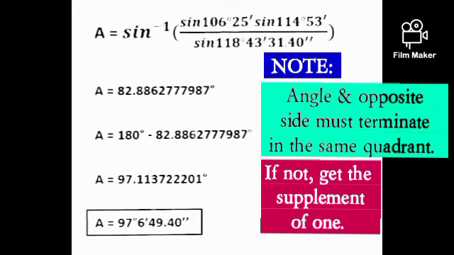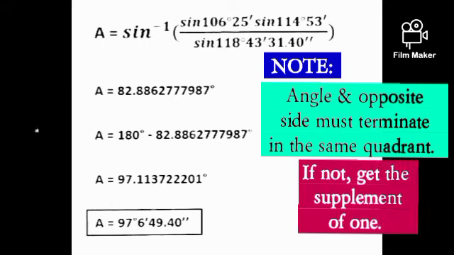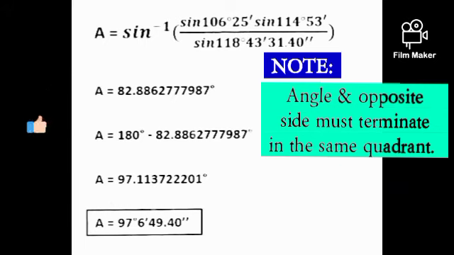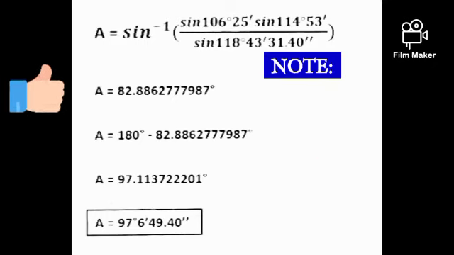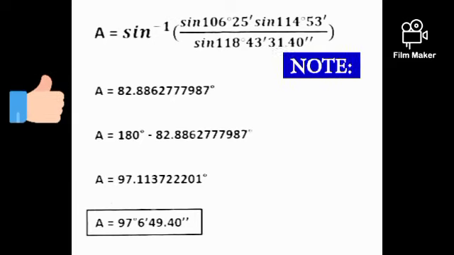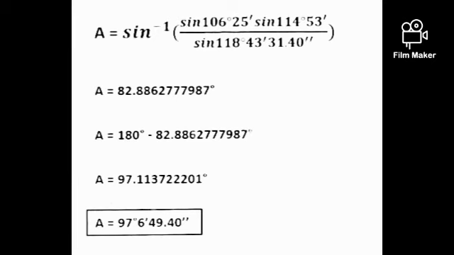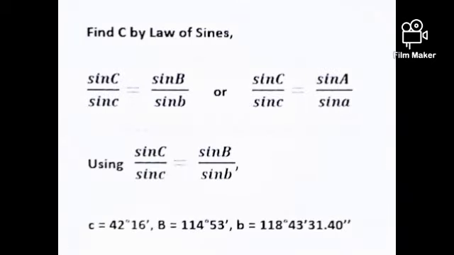And this angle 97 terminates in the same quadrant, which is second quadrant, as the side small a, 106 degrees 25 minutes. And to convert the answer to degrees, minutes, and seconds, again, you press in your calculator the key with degree, minutes, and second. And you should get the final angle A equals 97 degrees 6 minutes and 49.40 seconds.